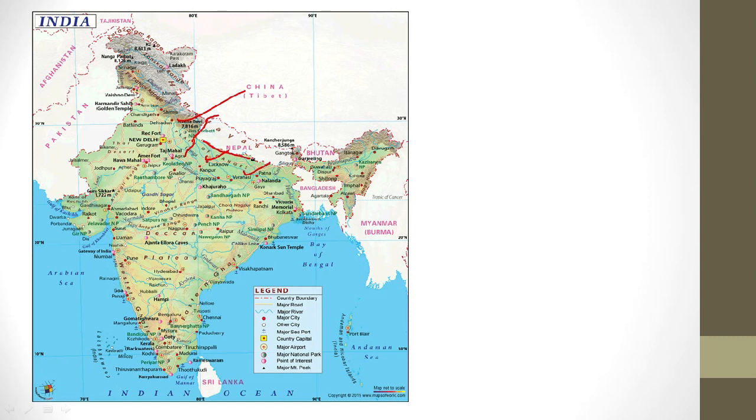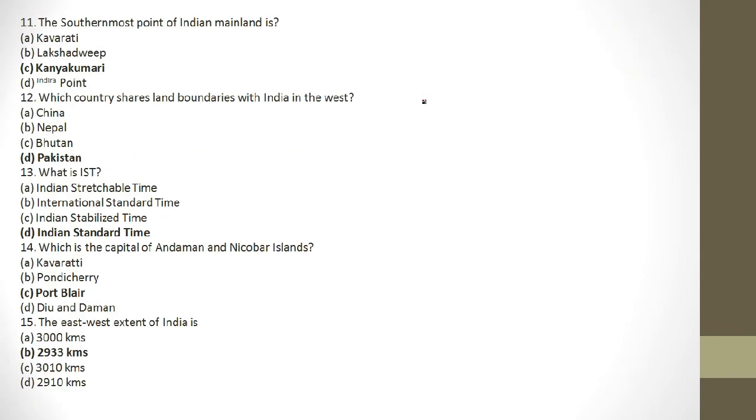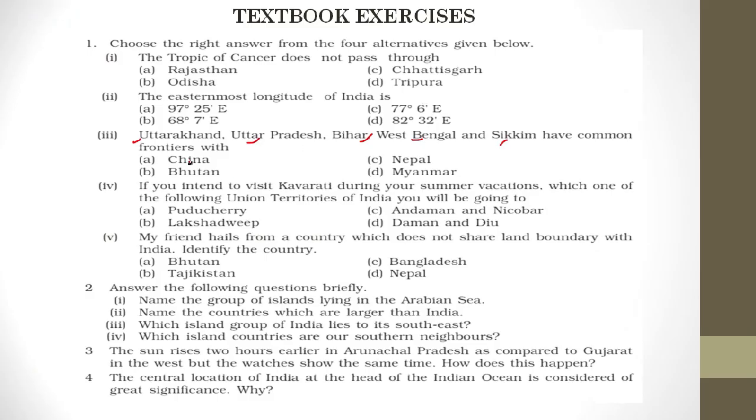Here is Bihar, it is sharing the boundary with Nepal. Again, if you see here, West Bengal, it is sharing a little bit of boundary, and here if you see is Sikkim. So all these states share boundaries with Nepal, so Nepal will be your correct answer.